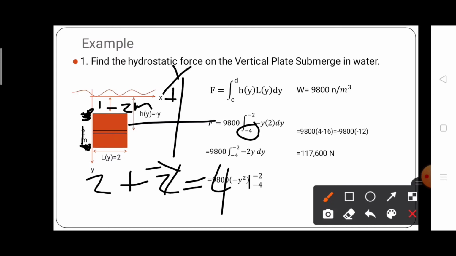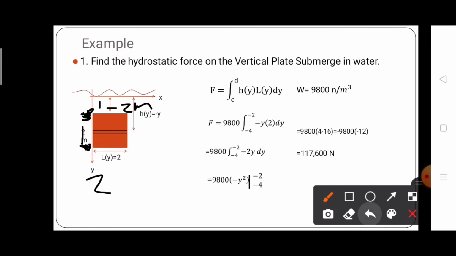So that is why we use the negative sign, sorry. We have negative 4, and also negative 2, because at this point the distance from the water to the object is 2 meters, so that is why we use 2.